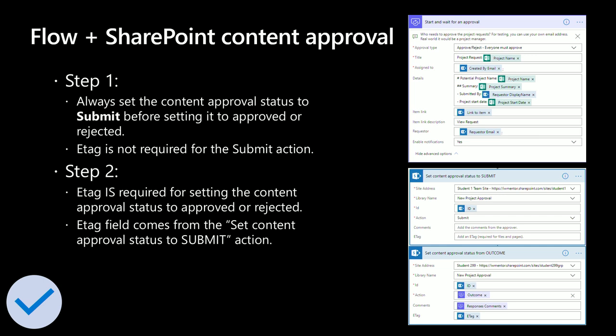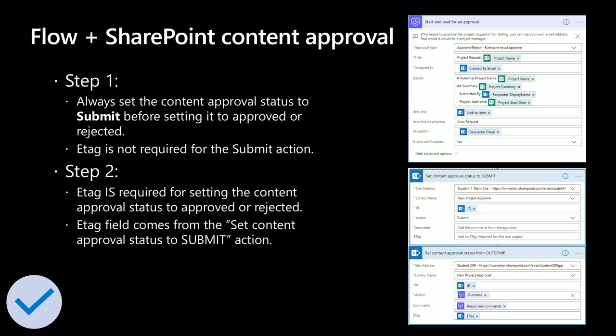After you set it to submit, the key is it has this E tag thing, this very last one at the bottom of the screen, the E tag. That is going to be the data that you get from the set content approval to submit, that action above it. So these are both called set content approval, and I just rename them.